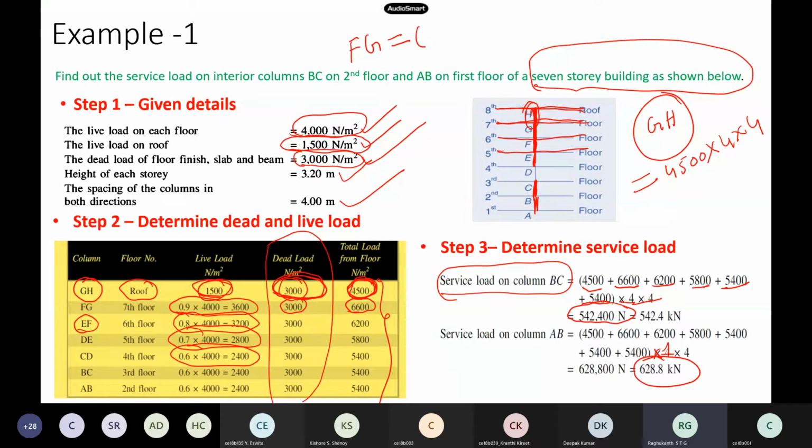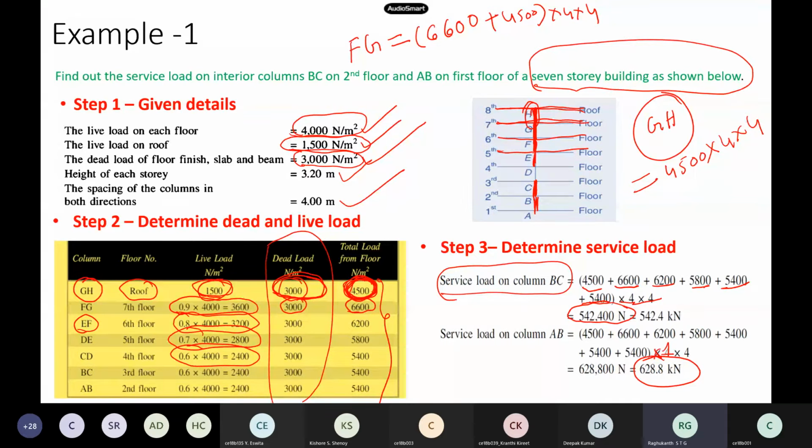Finally, tell me the number. 6,600. That is only for this floor. Plus you have to add the roof also, the load coming from GH. From GH how much is it coming? 4,500 multiplied by 4 by 4. So this is the load acting on FG.